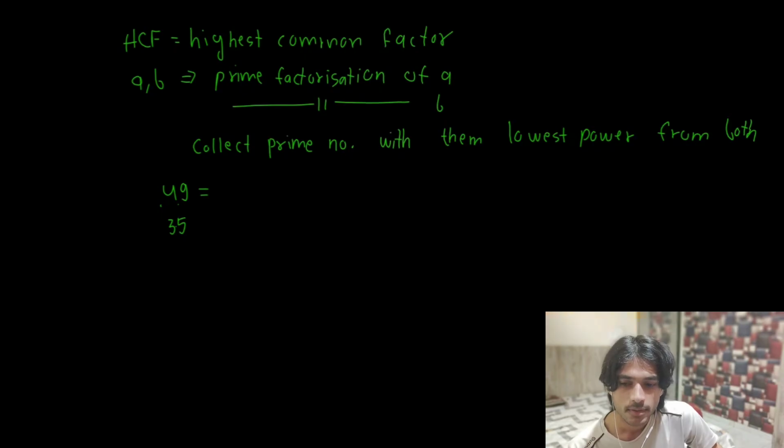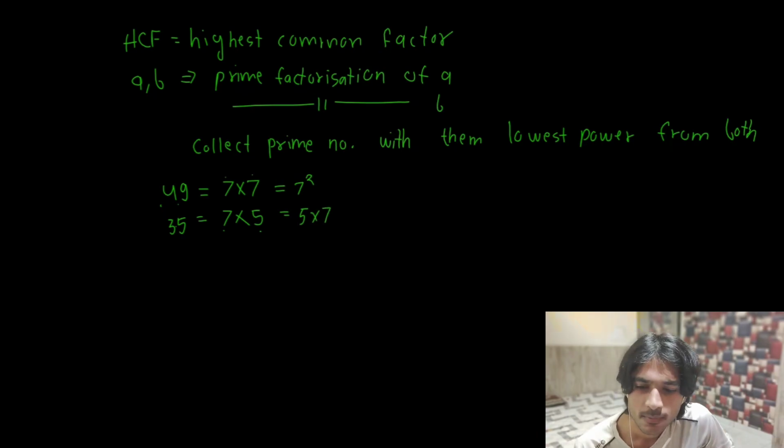So 49 is 7 multiplied by 7, because 7 and 7 both are primes, so this is the prime factorization of 49. 35 can be written as 7 multiplied by 5, right? And because 7 and 5 both are prime numbers, we have written it as a prime factorization. Now I can write this as 7 to the power 2, right? And this can be written as 5 multiplied by 7.